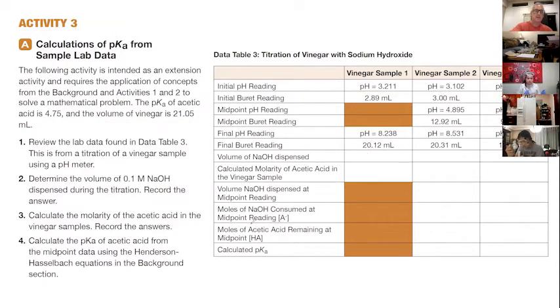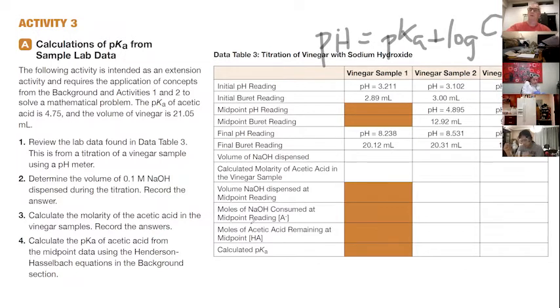Use the formula that was given, the Henderson-Hasselbalch equation, which is pH equals pKa plus log of the conjugate base over acid. So figure out the molar concentration of the conjugate base.